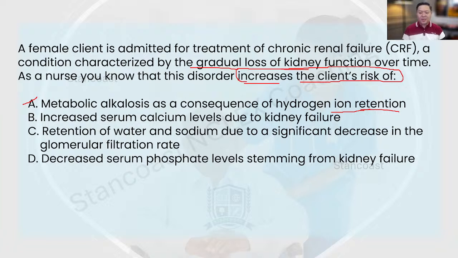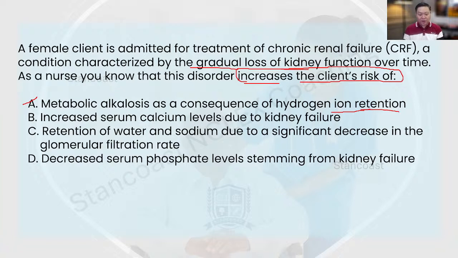Now, another thing that we are going to talk about is that the ammonia production in the kidneys, in the normally functioning body, will be able to help buffer the acids, because the ammonia is going to be converted into ammonium, and this will be excreted in the urine. Okay? Now, in chronic kidney disease, it will reduce its ability in excreting the ammonia.